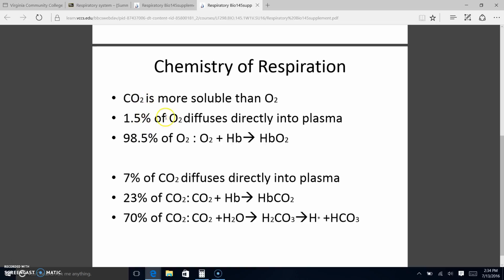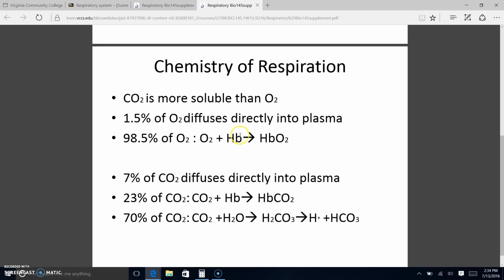Okay, now, in looking at oxygen, there are two major pathways in which oxygen comes from the alveoli into the blood. 1.5% of oxygen just goes directly into the plasma and stays in the plasma. Now that's a small percentage, but it is part of what oxygen is doing. But the majority of oxygen, 98.5%, actually goes from the alveoli into the plasma across the respiratory membrane.